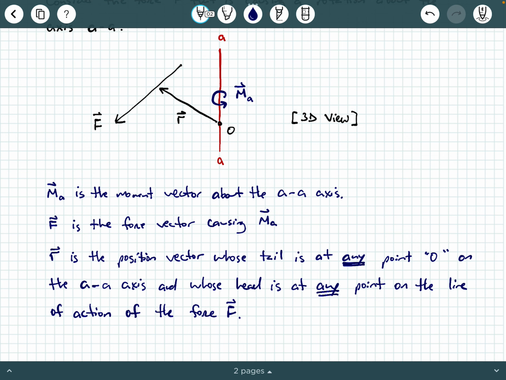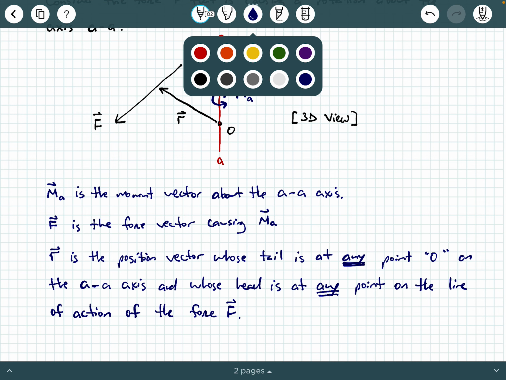Okay, so here's the interesting thing about this position vector r. Its tail can be defined as any point on this AA axis. So it could be here, it could be here, it could be here. Any point on the axis that you're trying to find the moment about, all right? And its head is going to be at any point along the line of action of the force in question.